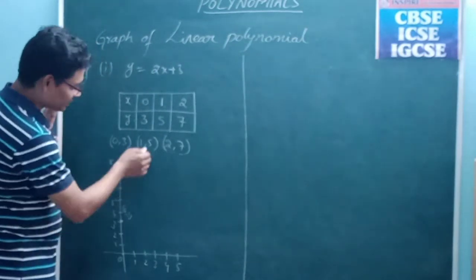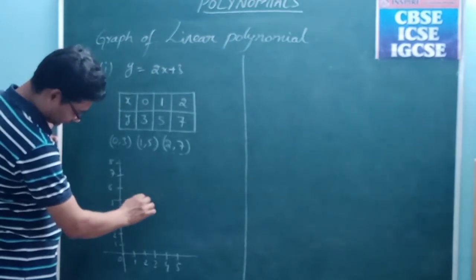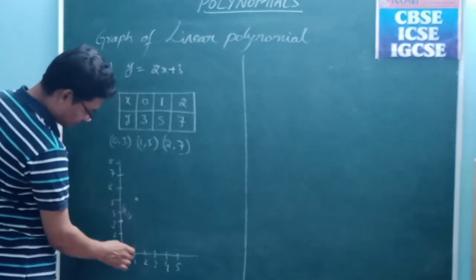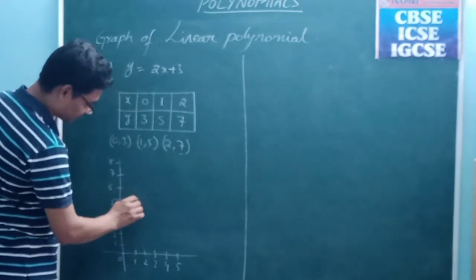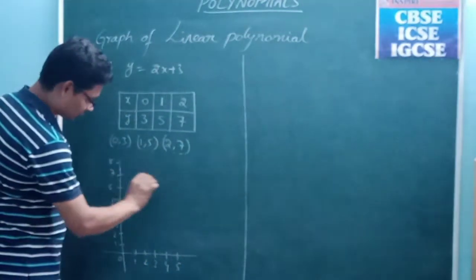Next (1, 5). So (1, 5) is here: 1 on the x-axis and 5 on the y-axis. And next (2, 7).